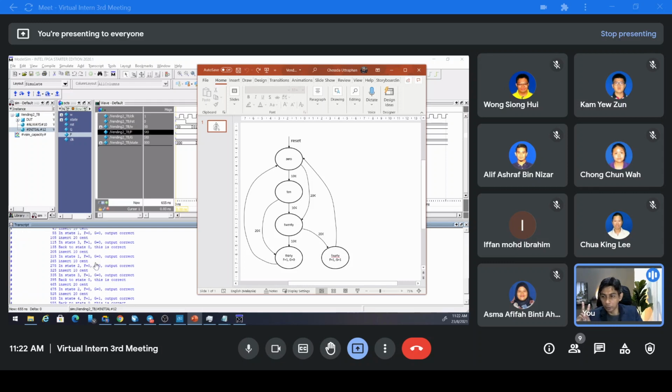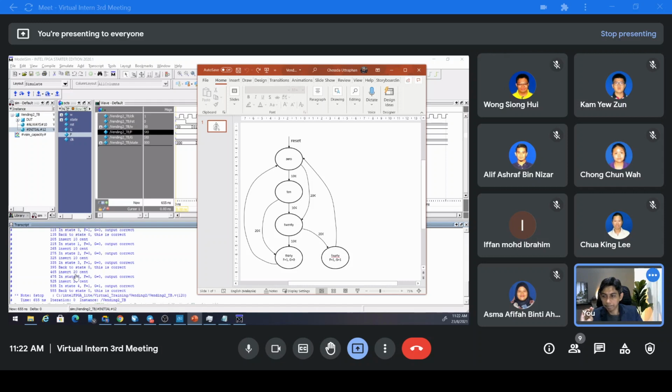Then check another flow. For example, you insert 10 cent, so you will go to state 1. Insert another 10 cent, you will go to state 2. Insert another 10 cent, you will go to state 3, and it will dispense the candy. Go to state 3, and this is correct also, back to state 0.